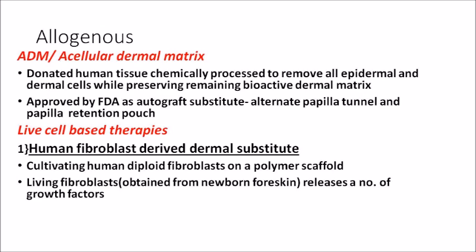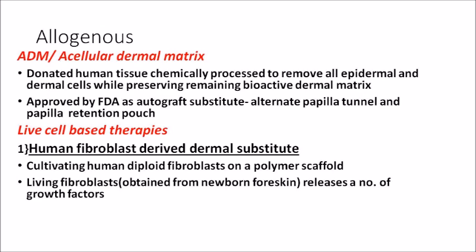The first one was not having any cells. Then we have live cell-based therapies, which include 2 things. The first one is human fibroblast derived dermal substitute. Here what we are doing, we cultivate human diploid fibroblast on a polymer scaffold. So fibroblasts are cultivated on a sheet. Now these living fibroblasts are usually obtained from the newborn foreskin.